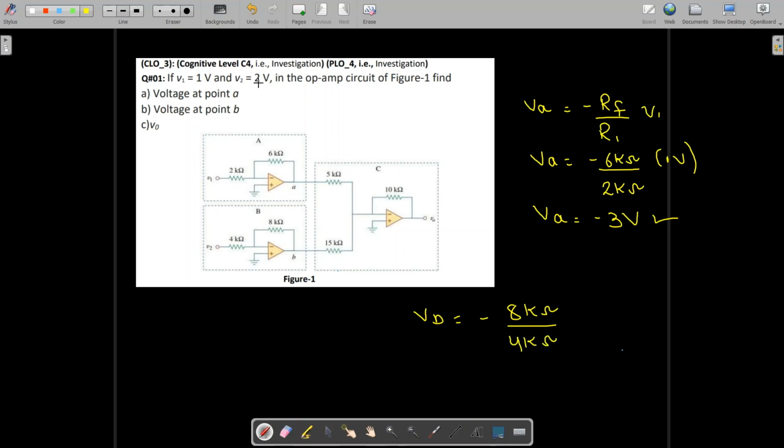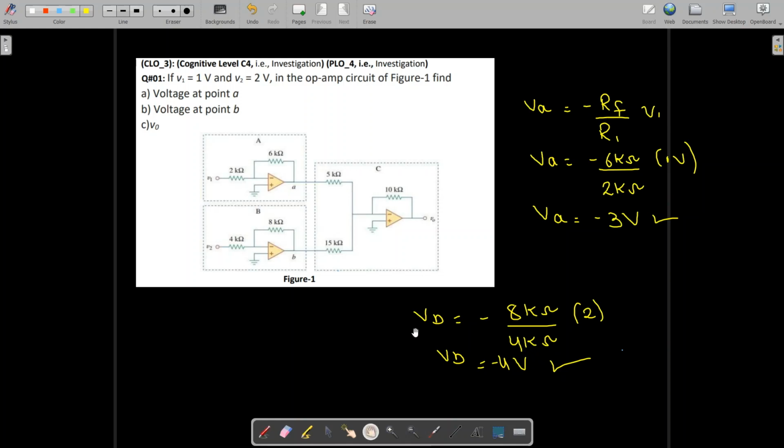Now V2 is again given to you, which is 2 volt. So if you simplify this, you are going to get VB is equal to minus 4 volt. So we have found the VA and now we have found the VB, which is minus 4 volt. And if you get this right, you get 3 marks. If you get those two right, you get 6 marks.